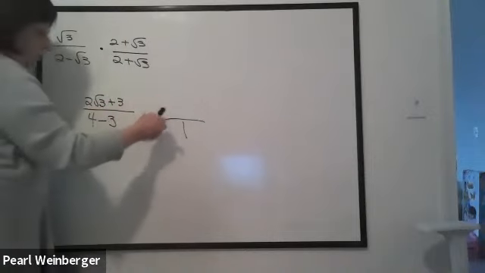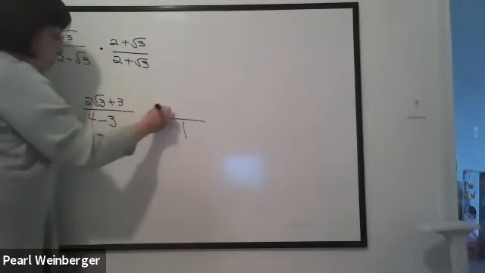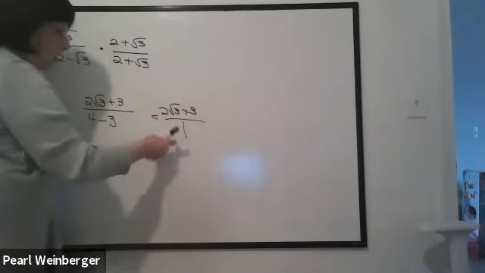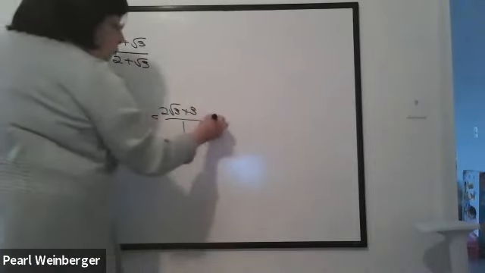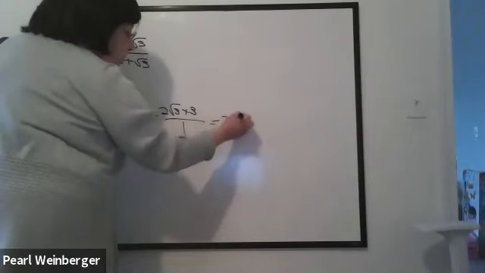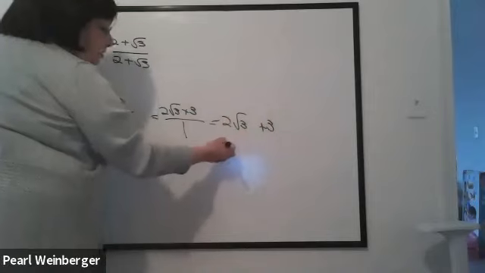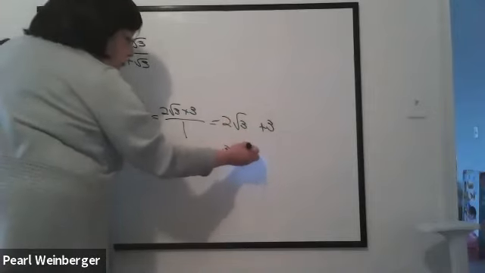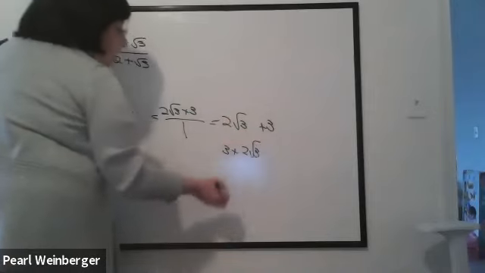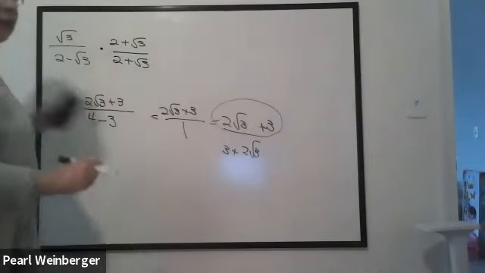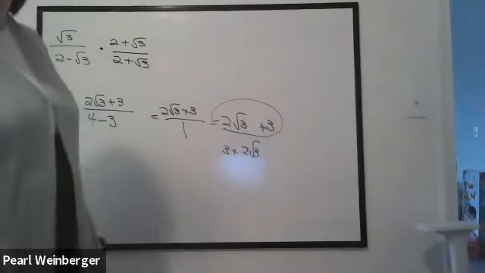So your answer comes out to be 2 radical 3 plus 3 over 1. When something's over 1, you can just write it without the denominator. Now, if you see it as 3 plus 2 radical 3, if they change the order, it doesn't make a difference. This is your answer. And I hope most people did get that answer.